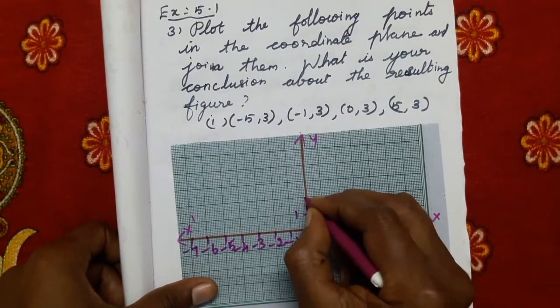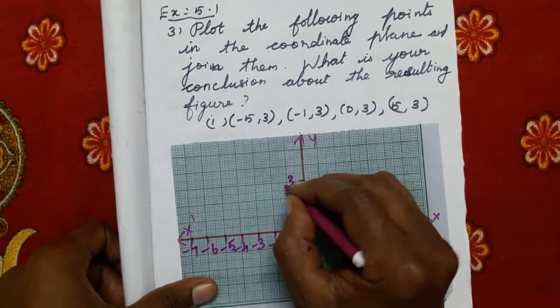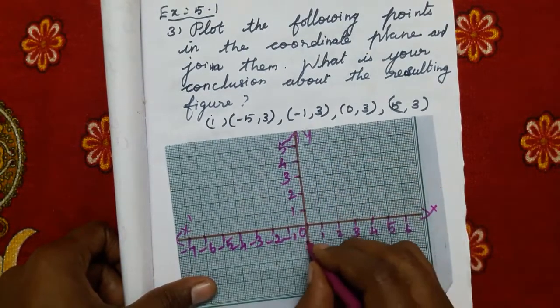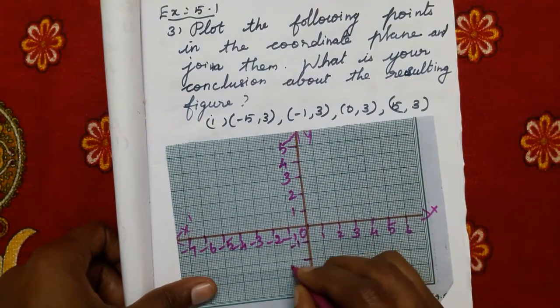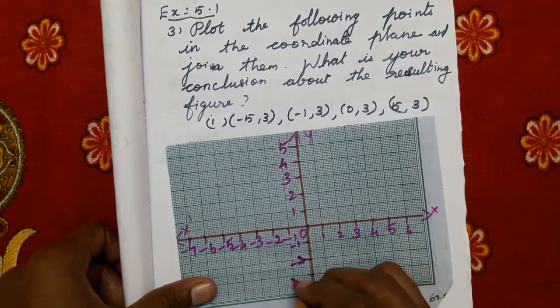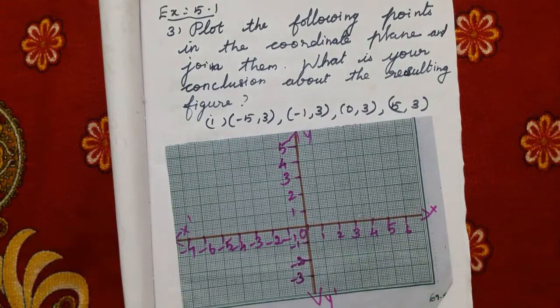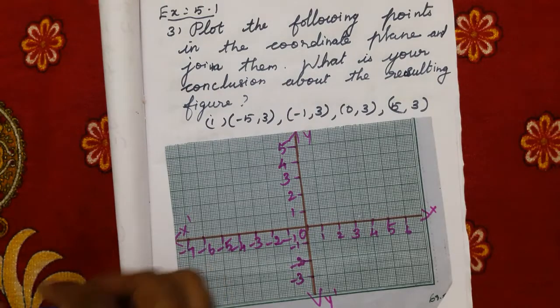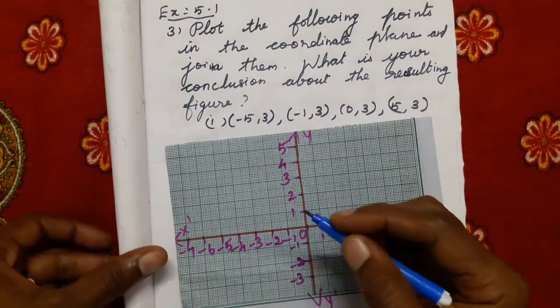Here 1, 2, 3, 4, 5. Here -1, -2, -3. First, we have to plot the points. What's the first point? First point is -5, 3.